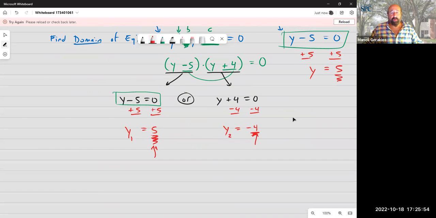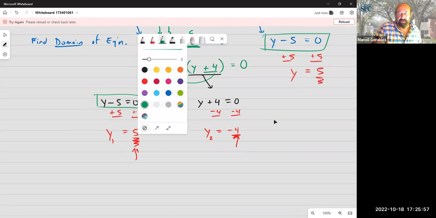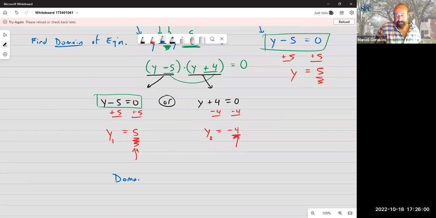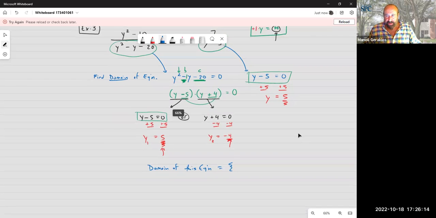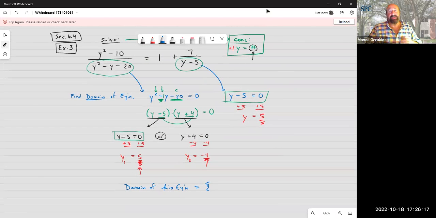So to summarize, what we're doing is finding the domain of the equation. You can summarize our findings and say the domain of this equation is the set of all real numbers y.